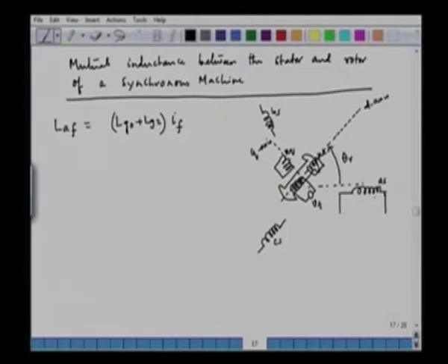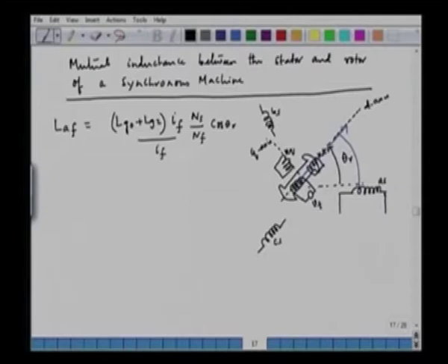So I have to multiply by a factor of Ns by Nf, and the component of this flux along phase A will be cos of theta r. So I have to multiply here cos of theta r, divided by the unit current, that is IF. So this shows the mutual between the field and phase A.